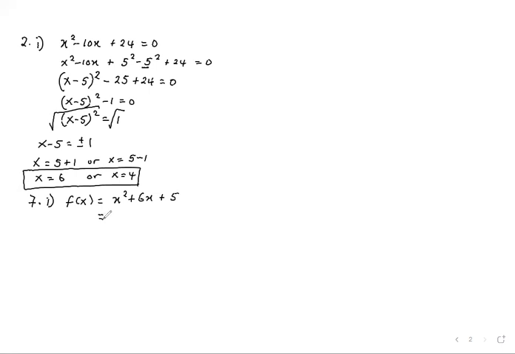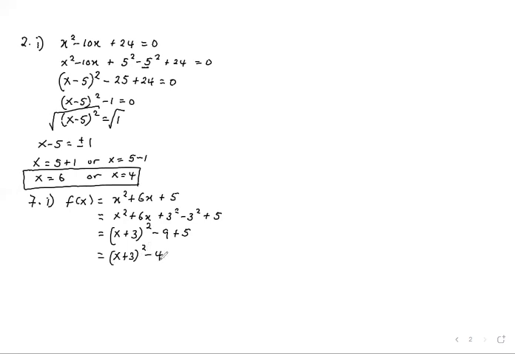So we complete the square. So again, we're starting there from step 2, where we'll have this plus 3 squared minus 3 squared plus 5, giving us x squared, and giving us x plus positive 3 squared minus 9 plus 5. So we get x plus 3 squared minus 4.